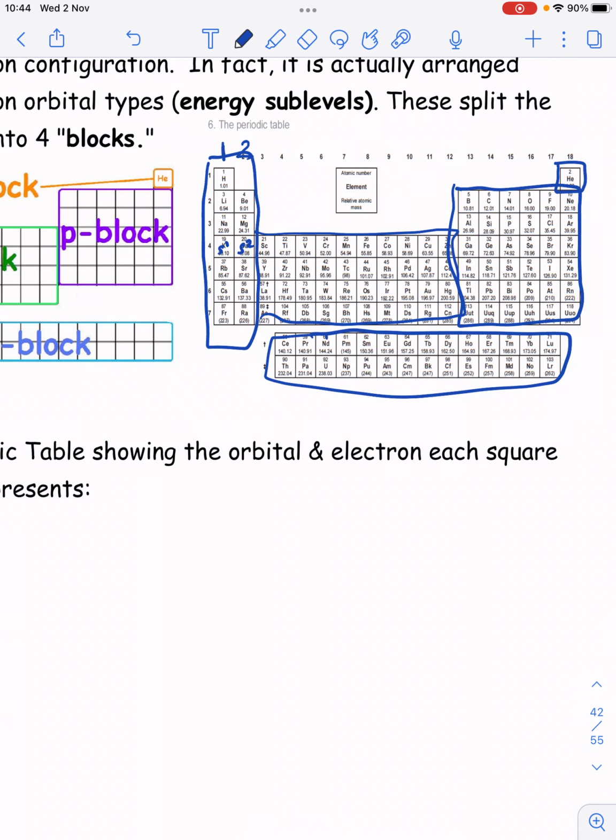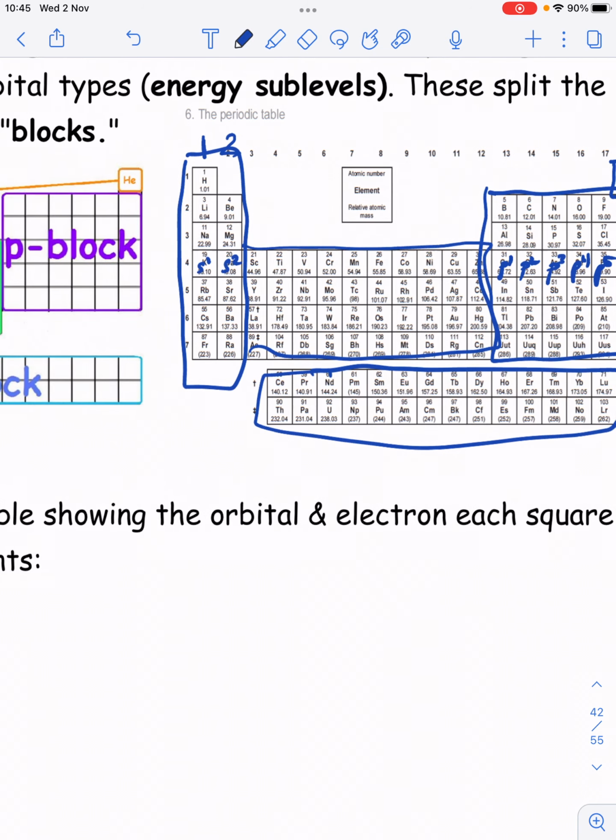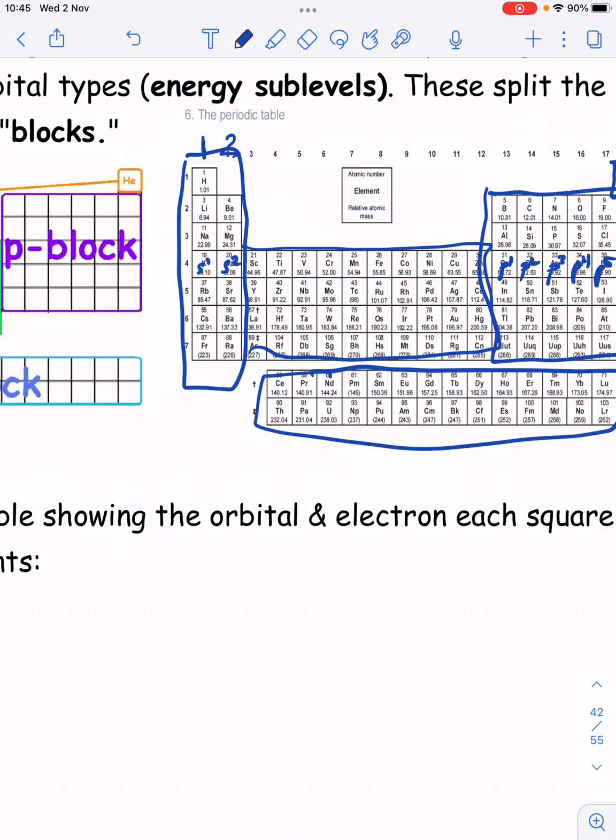If I'm in the P block, I know that I'll be ending my configurations in P1, P2, P3, P4, and so on, all the way out to P6, depending on which column I'm in. And with the D block, with a few exceptions, which we'll cover after we get the basics done, we should know that it's D1, D2, D3, and so on.